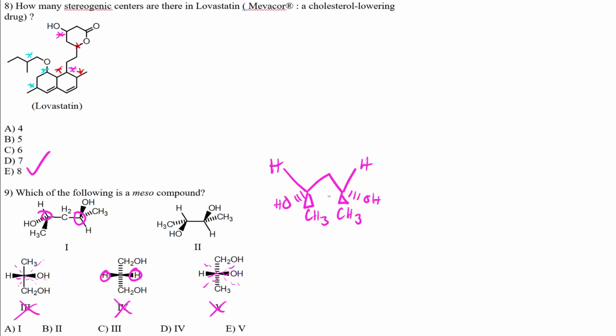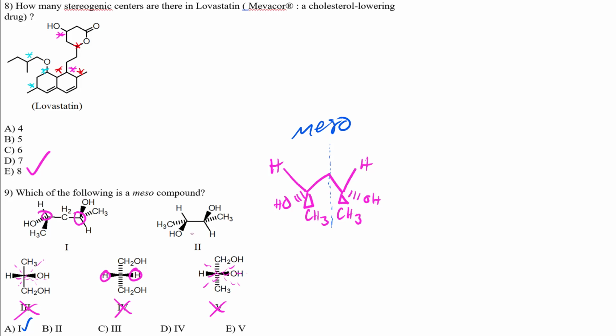Right? And notice something. We have a plane of symmetry. Isn't that cool? So you were chiral, but because we only twisted it, we have a plane of symmetry. And so that is a meso compound. So answer choice A would be correct. But what about B? Well, if you twisted it so that hydrogen is going upwards, this wedge becomes a hash, and this hash becomes a wedge.